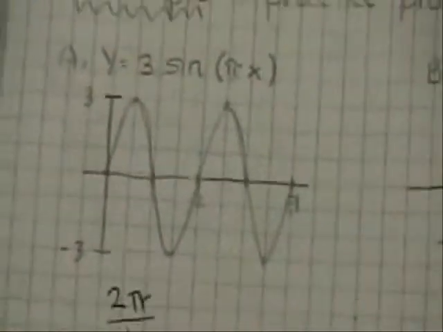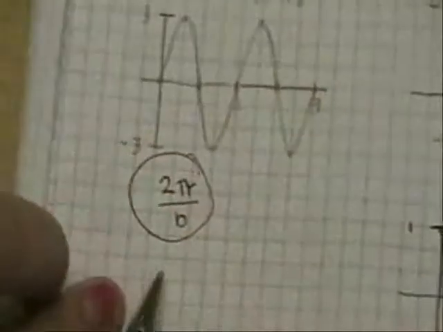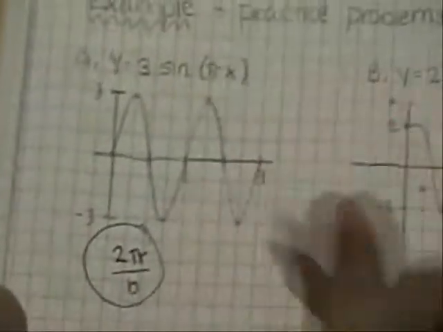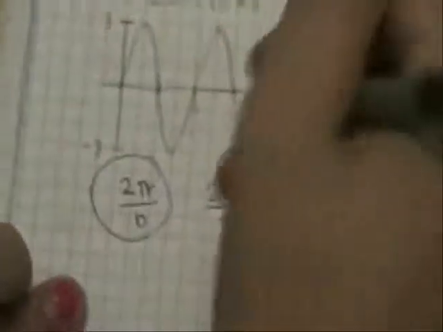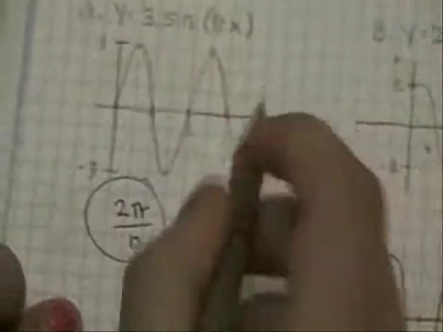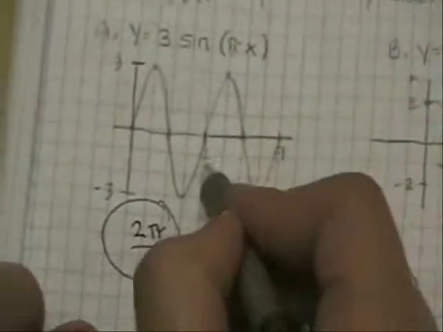And then if you look down here, this is how you find the period. And so we realized that the b was pi, and so we put in 2 pi over pi, which then the pi's cancel out, so your period is 2. And so as you can see, one wave goes to 2.